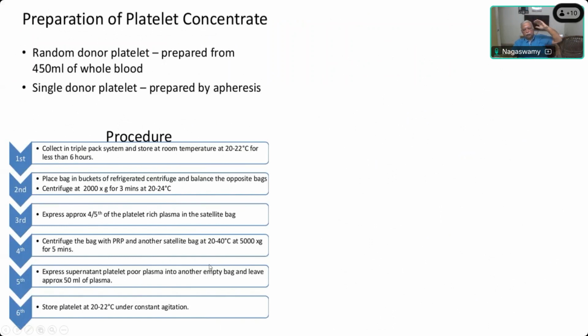So first you separate the platelet-rich plasma, then you centrifuge that again and remove the plasma, and then transfer the platelets and store them at 22 degrees under constant agitation.